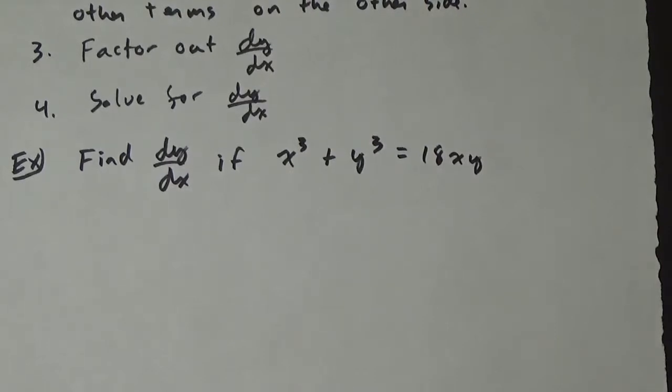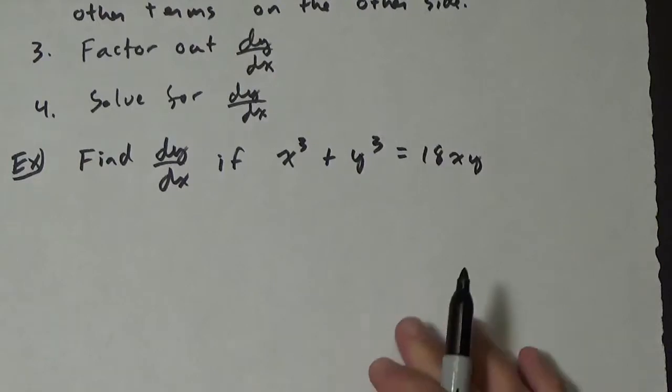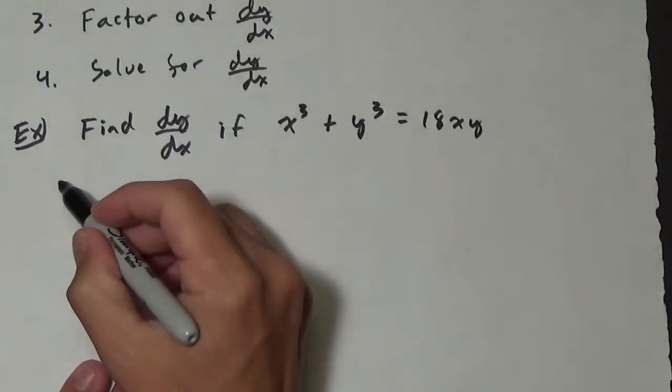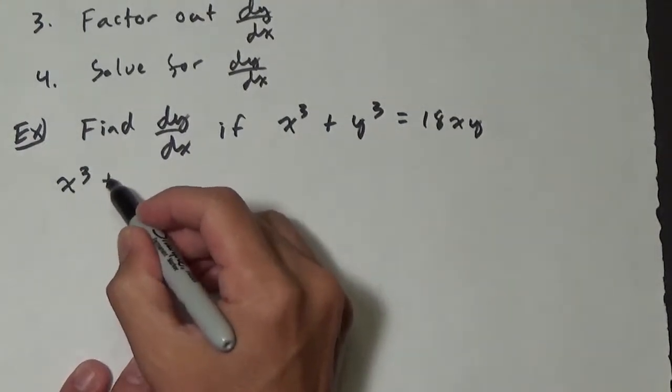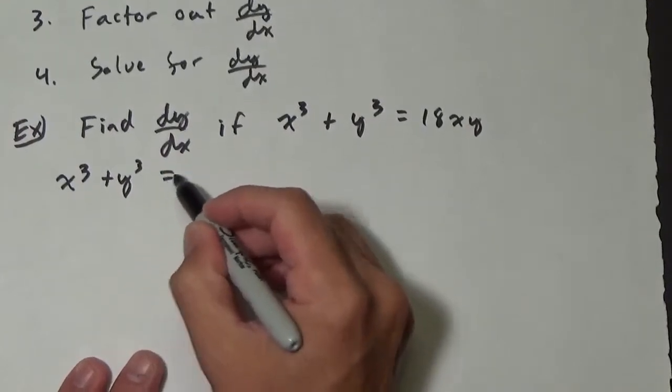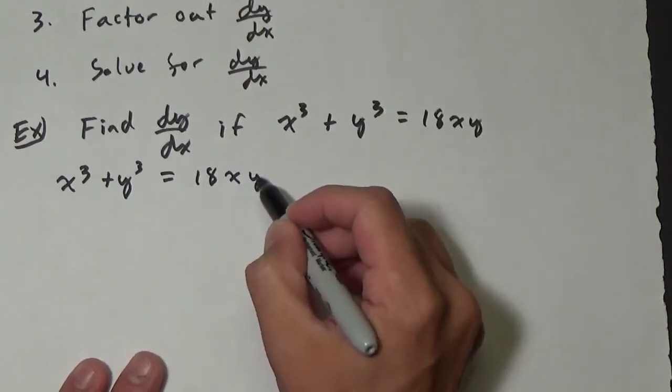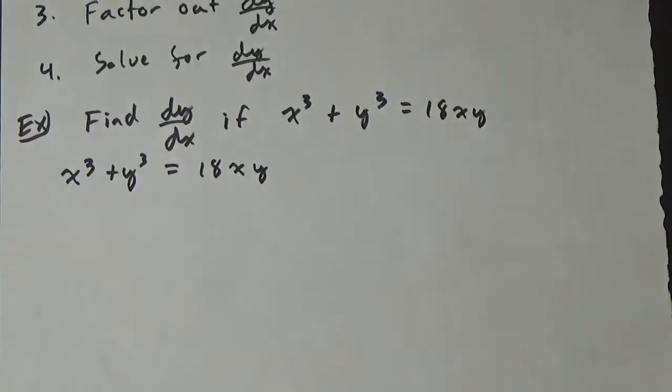So we want to find dy/dx. Let's start off with x cubed plus y cubed equals 18xy. Okay, so we're going to differentiate both sides with respect to x.